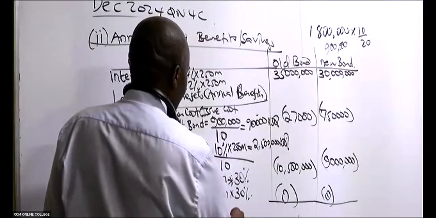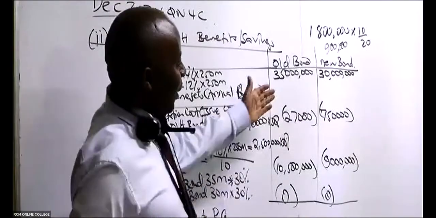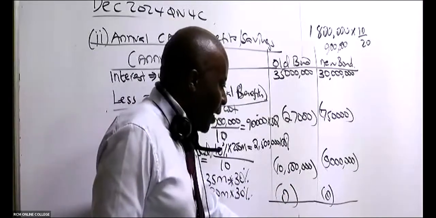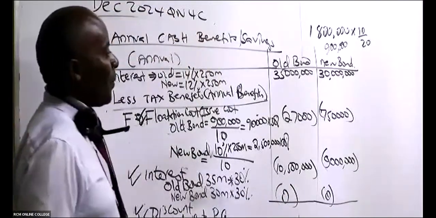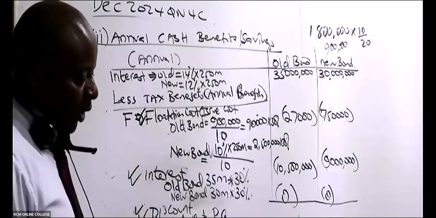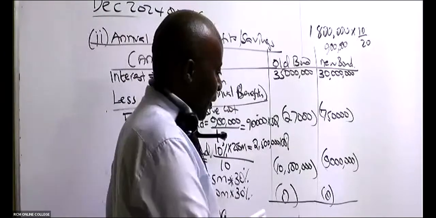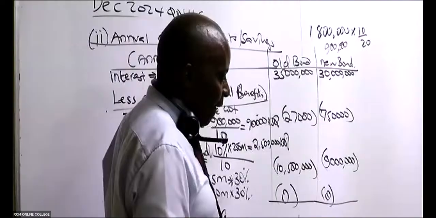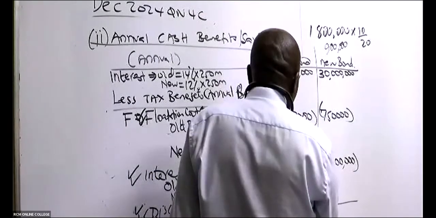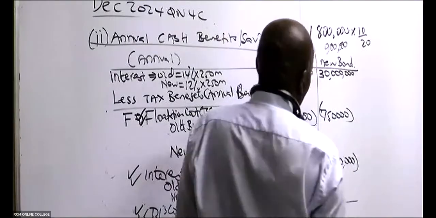If it is the old bond, you take 35 million minus 10.5 million. Please give me a figure. 35 million minus 10.5 million gives 24,500,000. Thank you so much.